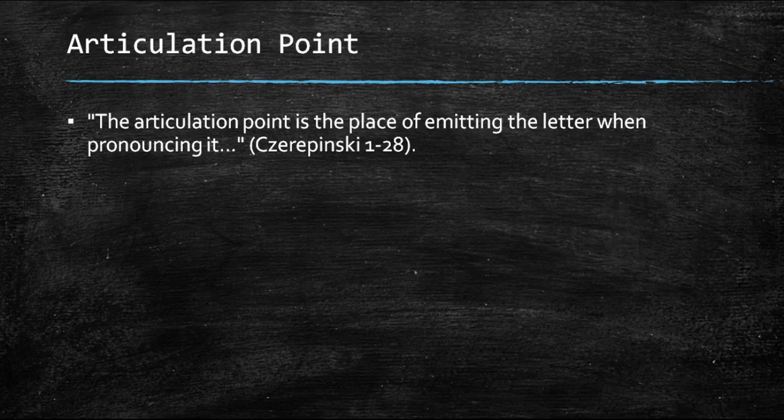They say it is emitting that differentiates the specific letter from other letters. And we can say that the articulation point does not fully differentiate a letter from the other letters, so it is not very accurate to mention that. We can say that the articulation point differentiates a letter from many other letters, but not from all letters.